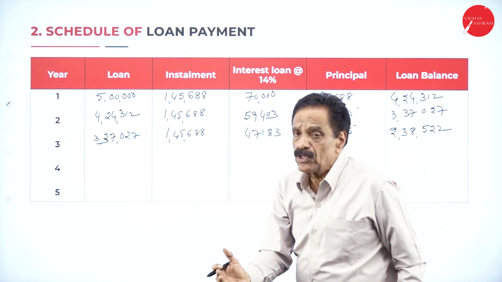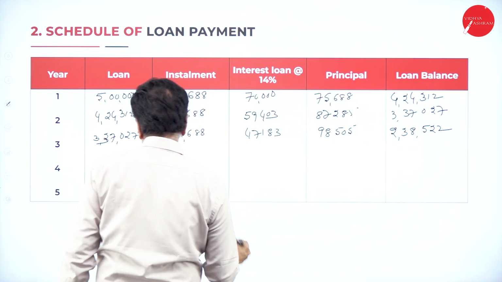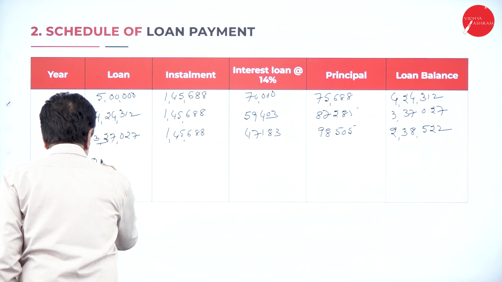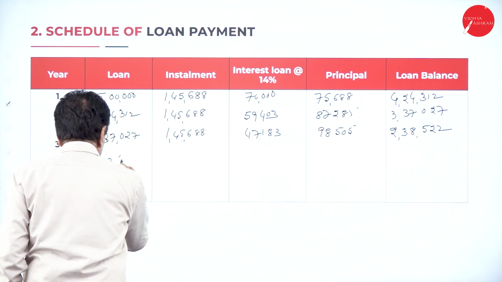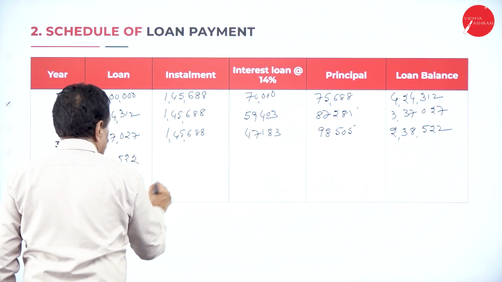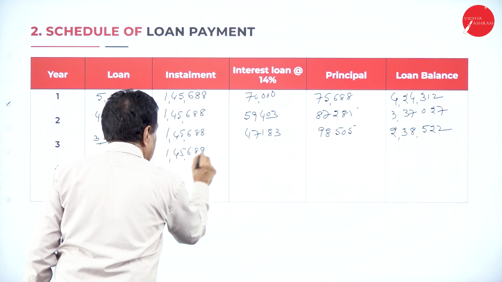Students, I will explain in detail, slowly. What's the balance left over? 2 lakh 38,522. Your installment is 1 lakh 45,688.